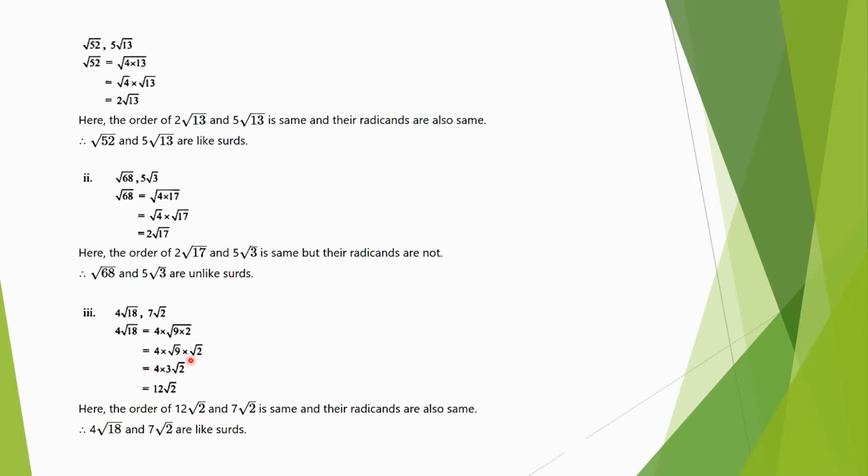So it can be written as 12 root 2. The next number is 7 root 2. Here the order of 12 root 2 and 7 root 2 both are same and the radicands are also same. That means the number inside the root, here it is 2 and here also it is 2. Therefore, both the numbers are like surds.